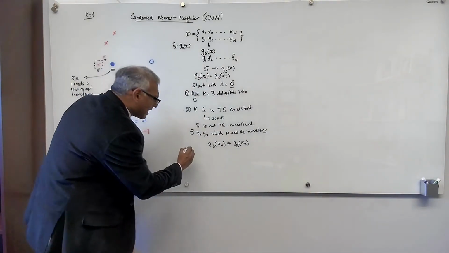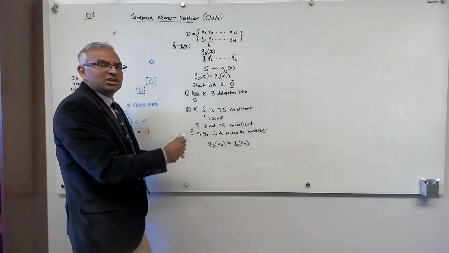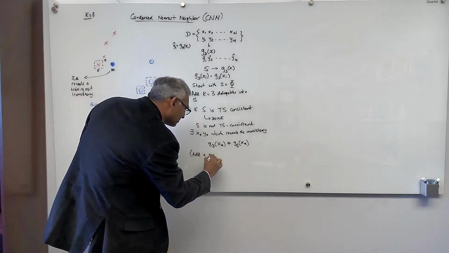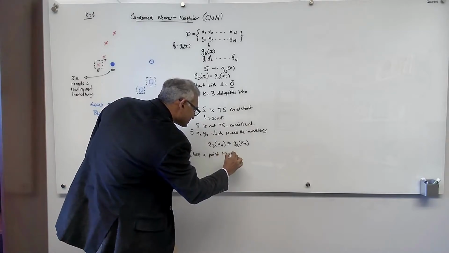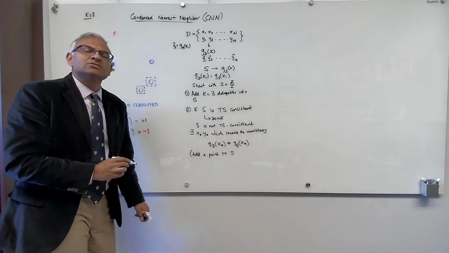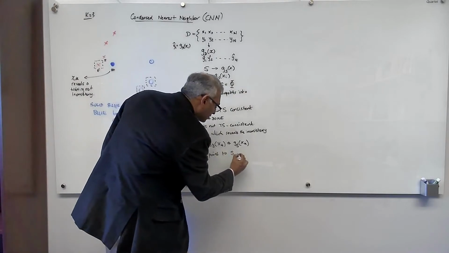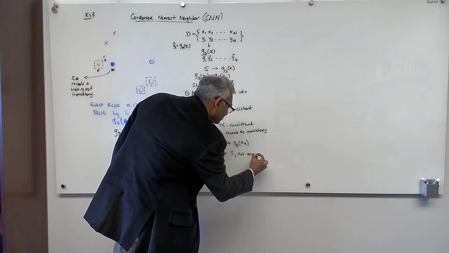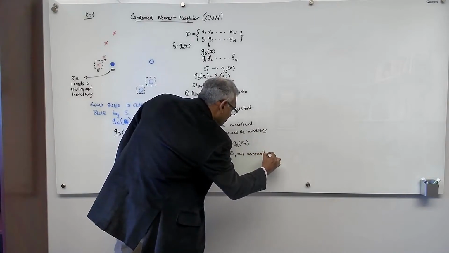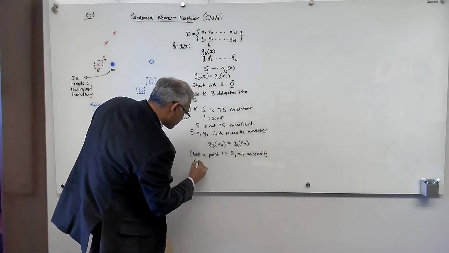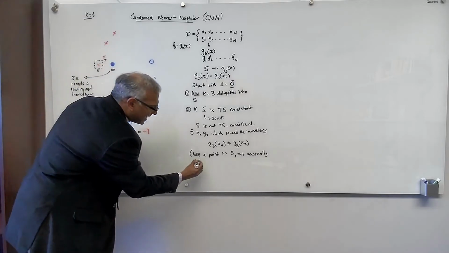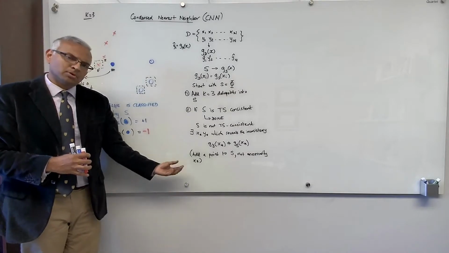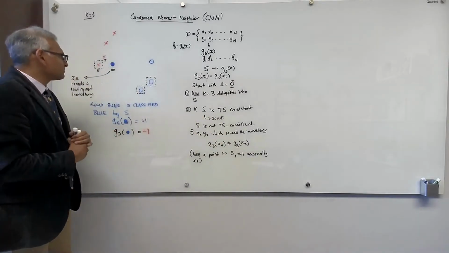We need to augment S. We need to add a point to S, and that point is not necessarily x star. I could have just told you what point to add, but let me first point out that it's not necessarily x star. Now let me show you why.